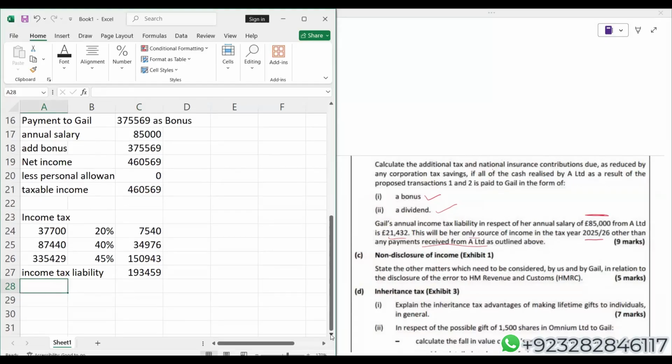But the story does not end here. We are required to calculate additional income tax liability and additional NIC. The examiner has already given us the income tax liability, if you can see that: 21,432. So simply less income tax on salary, which the examiner has given us, 21,432. This difference will give us the additional tax, which we need to calculate.